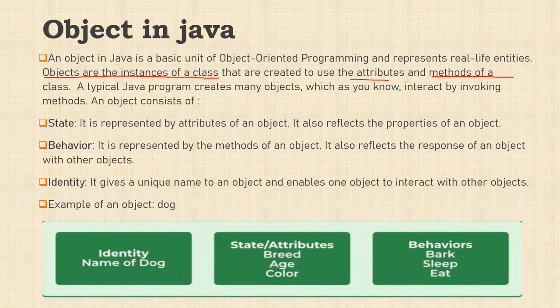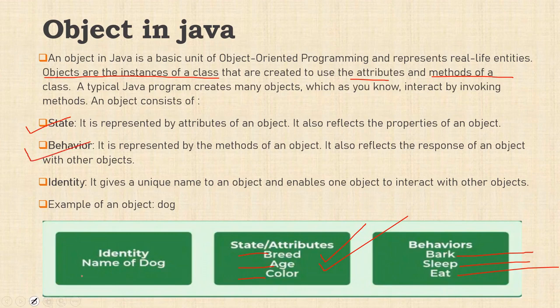Example of an object: a dog. The state means the breed, age, and color. State is all the variables that you are declaring inside the class: the breed name of that dog, age, and color. And the behavior of that dog will be bark, sleep, and eat, the actions of the dog.